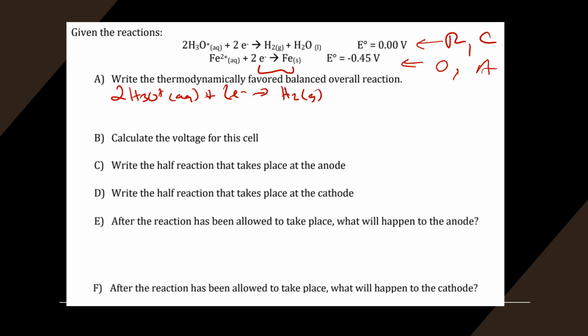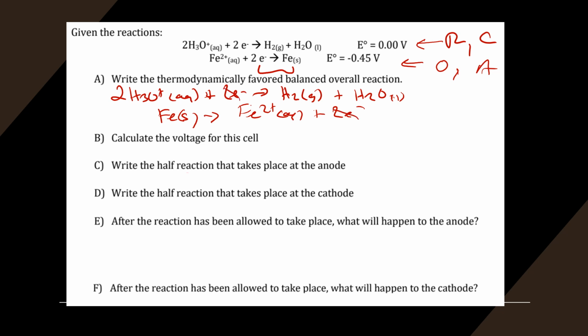This is acidic, so I have 2 hydronium ion aqueous plus 2 electrons produces hydrogen gas and liquid water. I need to flip the iron one, so I have iron solid produces iron 2 plus aqueous plus 2 electrons. I don't need to multiply by anything. I do need to cancel the electrons.